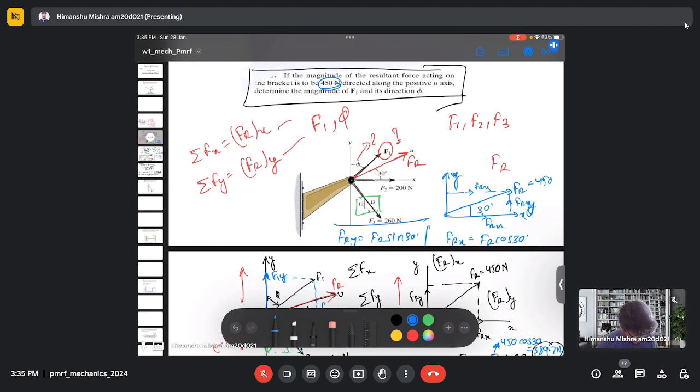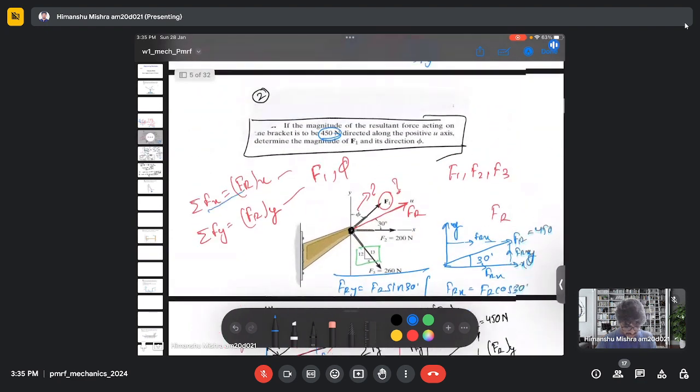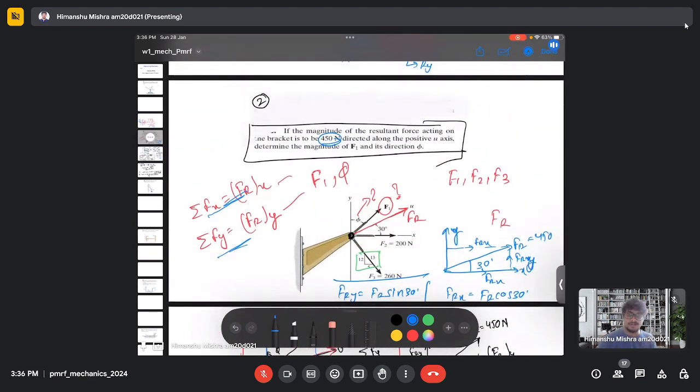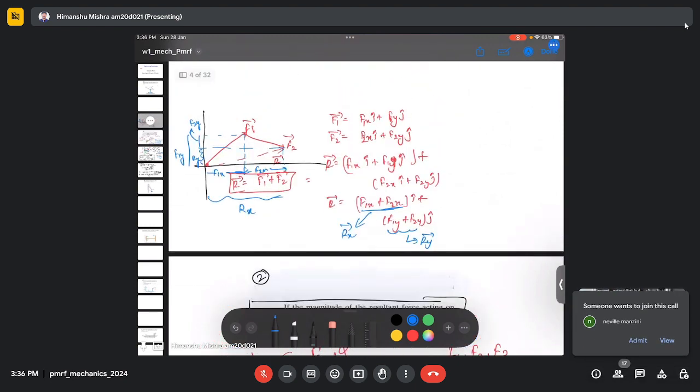So we just use this component to calculate the summation, to equate it with the summation. We did not actually calculate the resultant because it's already given. But in order to find the resultant for the given system of forces, you can do the vector addition.